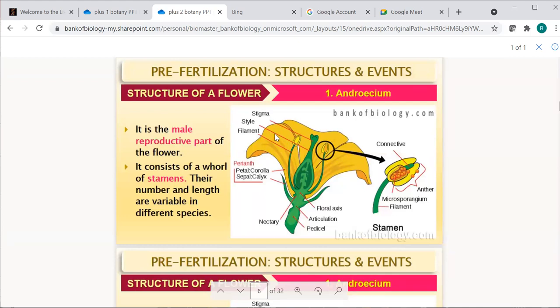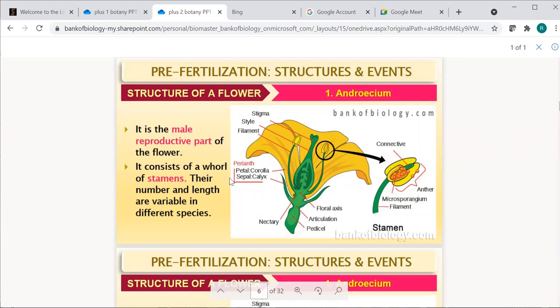The petal, also called corolla, is chromo, chromo means colorful. And the sepal, which is green, is chlorophyll related. So these two are the non-essential parts of a flower, that is petal and sepal. The essential parts of a flower are androecium and gynoecium.